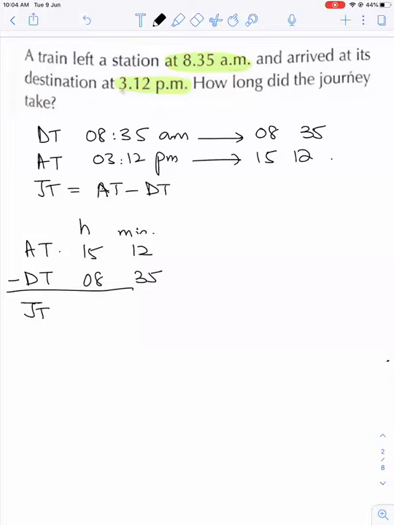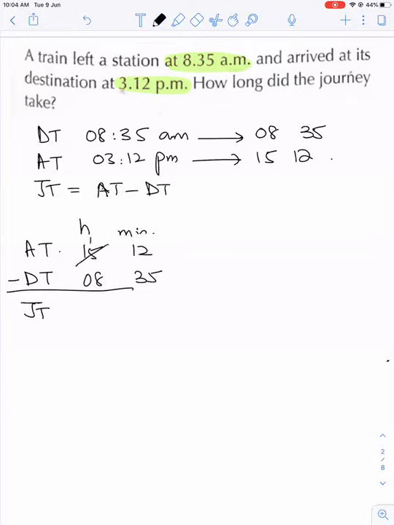When we subtract 35 minutes from 12 minutes, this is not possible. We won't be able to subtract 35 minutes from 12 minutes. So we need to borrow 1 hour from the hours column. There are 15 hours here.